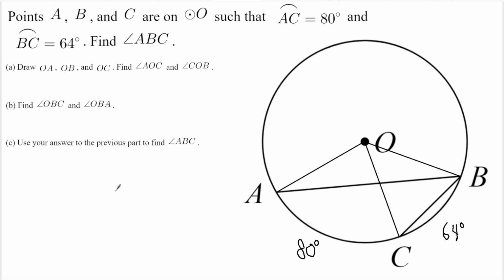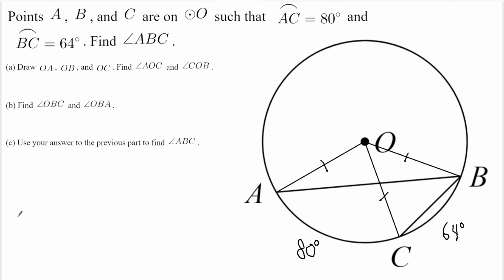Now, what's important about those three segments that we have just drawn is that they are all the radii of our circle, because they are all drawn from the center to each point on the circle. And we know that all the radii of a circle have the same length. So OA is congruent to OC, which is also congruent to OB.